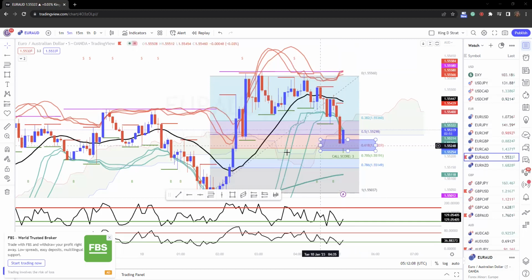Something else confirmed our 618 zone here. We have a previous support that held here inside that 618 zone. Exactly. We have a previous support, we have a previous resistance. So these two give us a hint that this area is going to give us a reaction, which it did. Do we understand?